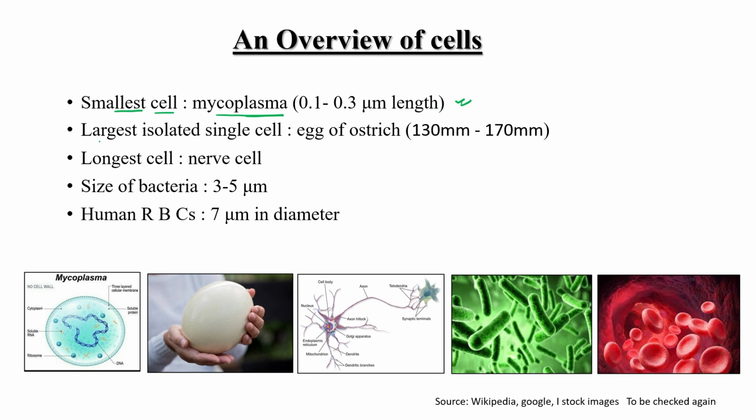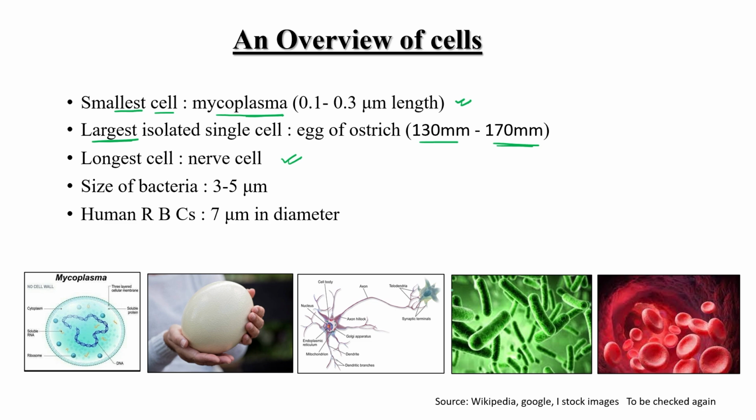Okay, what is the largest type of cell? It is the egg of the ostrich, right? So what is the size? About 130 mm to 170 mm. It's quite big, right? The longest cell is the nerve cell. And what is the size of a normal bacteria?